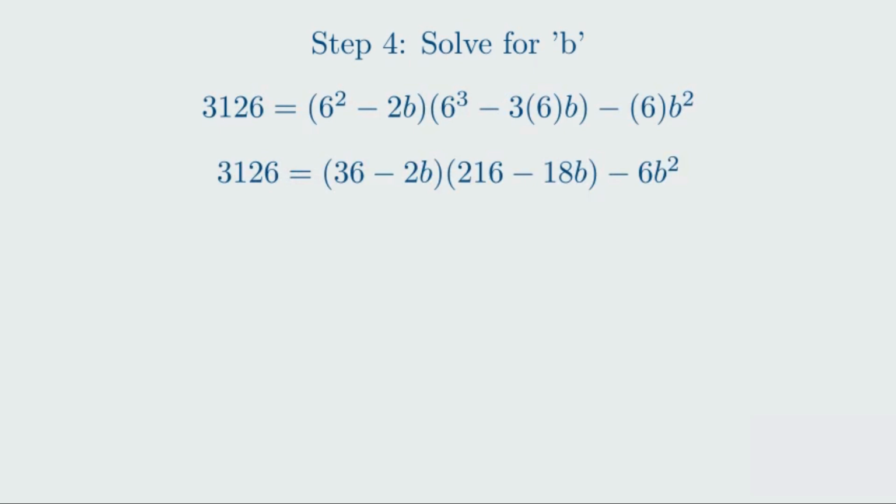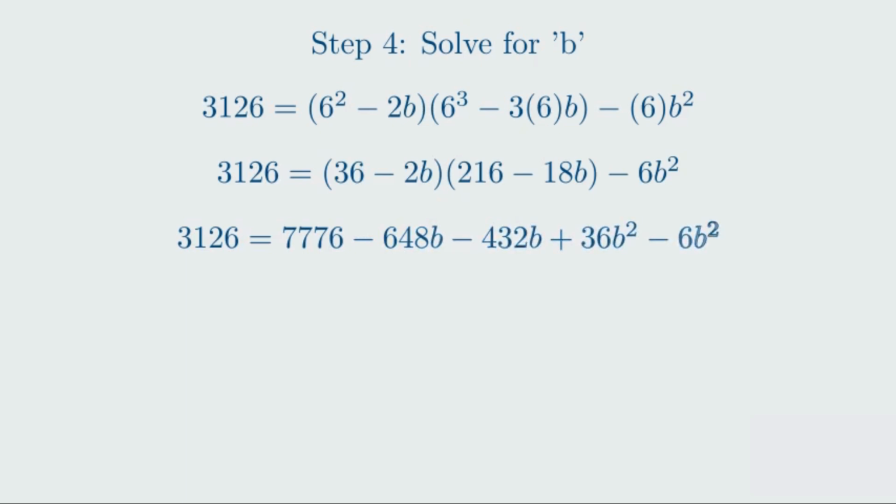This gives us 7,776 minus 648b minus 432b plus 36b squared, all minus 6b squared. Now, we combine the like terms, which simplifies the equation. We get 3,126 equals 7,776 minus 1,080b plus 30b squared.